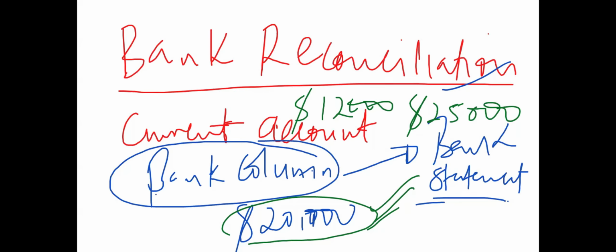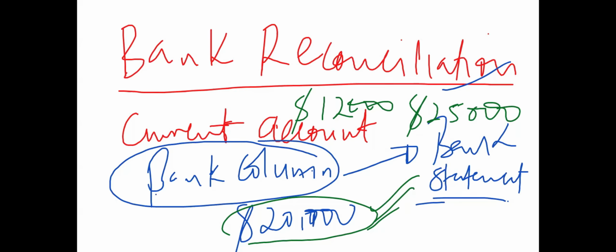So what we are going to look at here is what causes this mismatch. When in our books it shows that maybe we have 20,000 in the bank column of the cash book, but then the bank statement amount is not actually tallying with what we have. So what causes that?